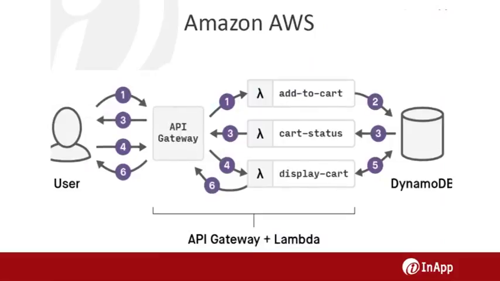Now, most of the patterns described earlier can be found as part of the infrastructure provided by AWS, so that you are left with writing just the command or the query part of the microservice. Basically, Amazon AWS actually provides the other infrastructure-related things. It uses DynamoDB as the event store.